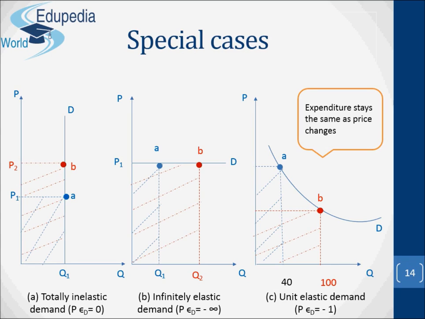For example, a rise in quantity from 200 to 400 is the same proportionate change as a rise from 100 to 200, but its absolute size is double. And a fall in price from €5 to €2.50 is the same percentage as a fall from €10 to €5, but its absolute size is only half.